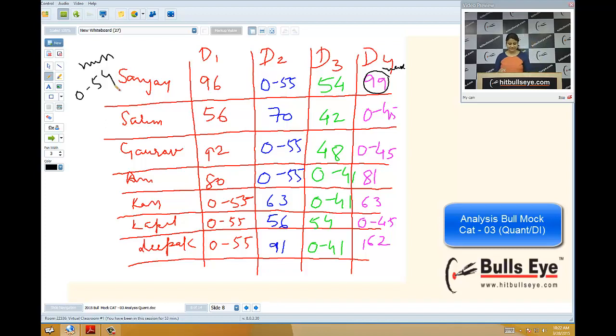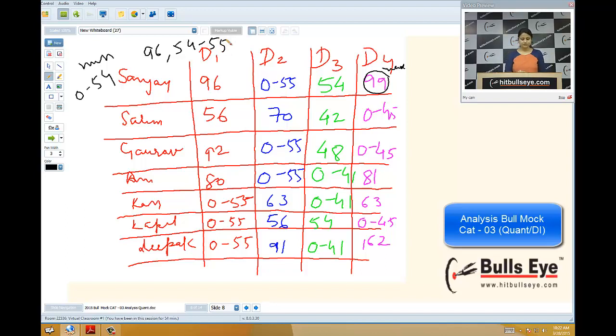Are you comfortable in this? All of you? Yes, Aman? 0 to 54, that will be the minimum thing. Okay? If 0 to 54 is the minimum thing, we are left with 2 middle quantities and they are 96 as well as 54 to 55. Is it okay with you?